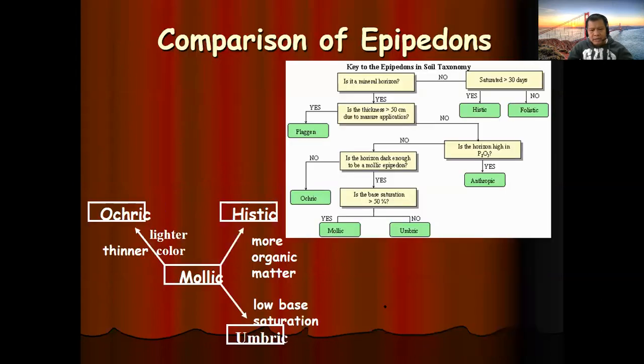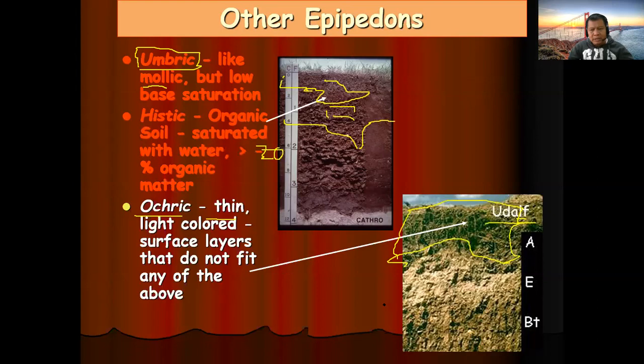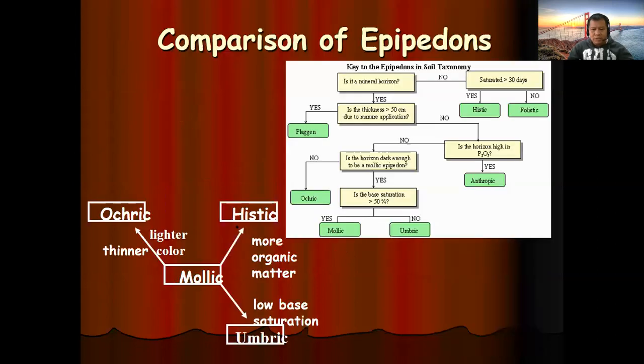So far, those are the different surface epipedons, diagnostic surface horizons. So in sort of summary, we have mollic epipedons, thick, dark, and soft with more than 50% base saturation. Compared to mollic, if it is lighter in color and thinner in the surface of organic matter, then that must be ochric.